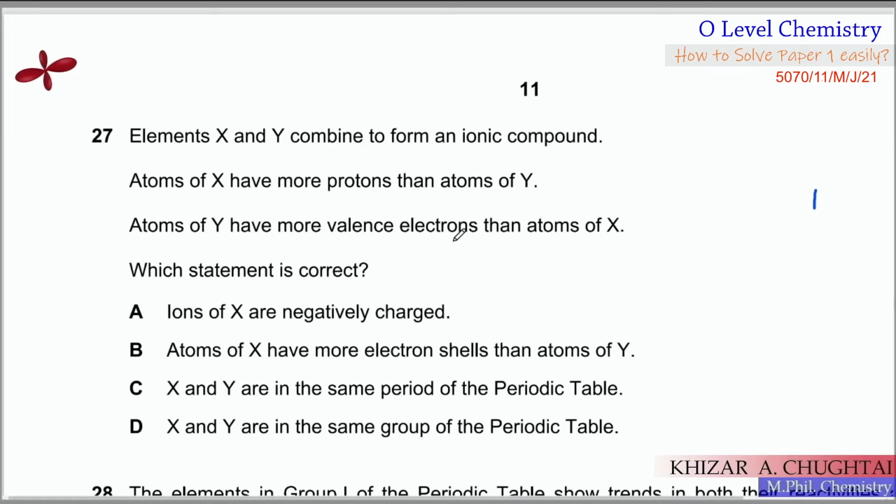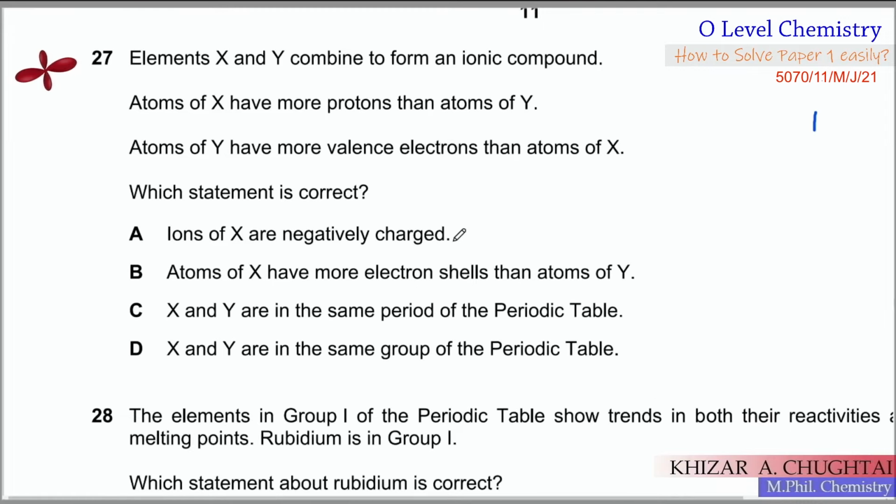Elements X and Y combine to form an ionic compound. Element X has more protons than the atom of Y. Atom of Y has more valence electrons than atom of X. Atom of Y having more valence electrons means it is of higher group number.